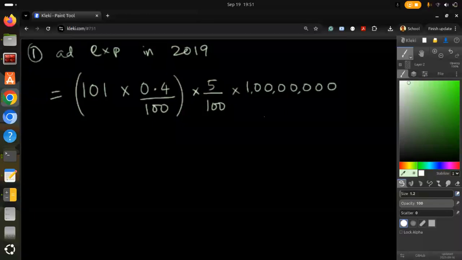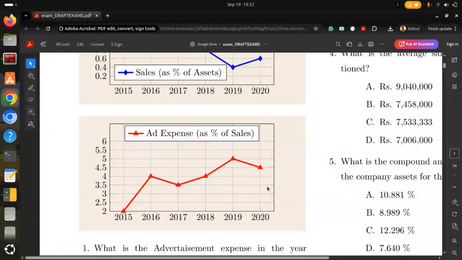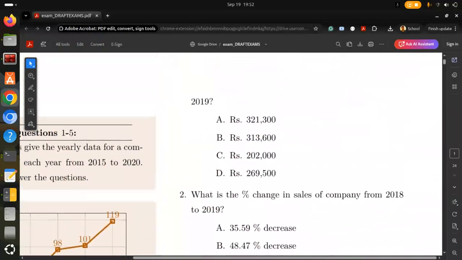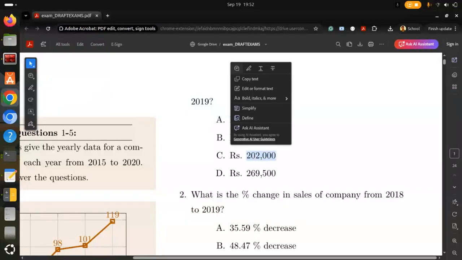Just converting, now 100 will cancel out. 0.4 into 5 is 2, so this is 2 multiplied by three zeros. So basically, the ad expense is rupees 2 lakh 2,000. Let us see if that answer is in the options. Fair enough, option C is 2 lakh 2,000.